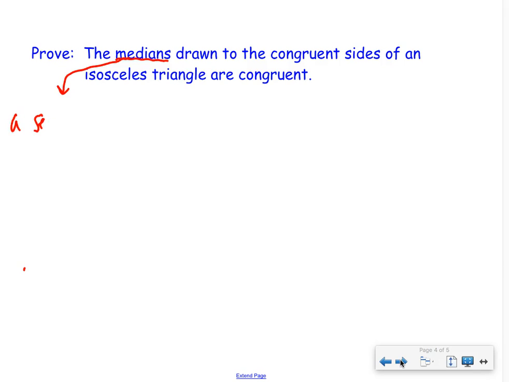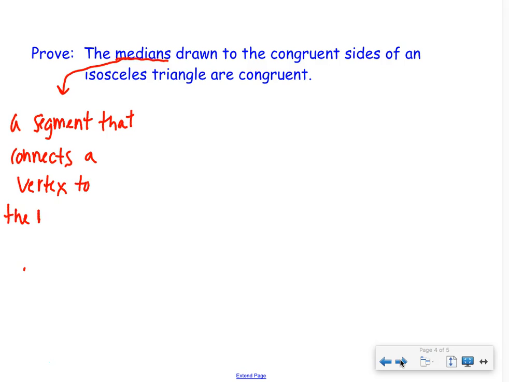A segment, write this down, that connects a vertex to the midpoint of the opposite side. So a median goes from a vertex, a corner of a triangle, to the midpoint of its opposite side.